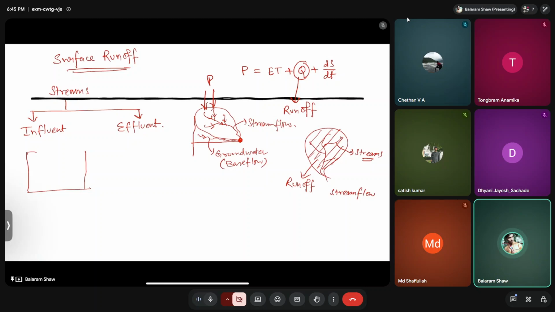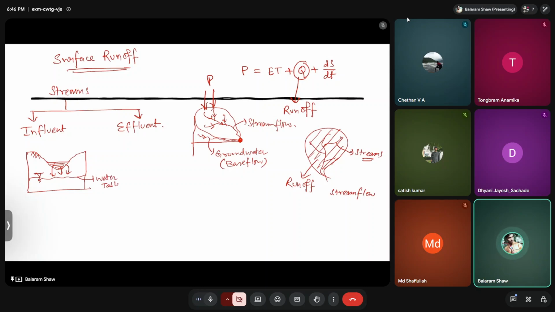So let's say this is the ground surface somewhere, and the water table is somewhere below here. So what will happen? Let's say if this is the stream, water is there, the water will infiltrate and percolate and it will again reach or join the water table here. This is the water table, right?